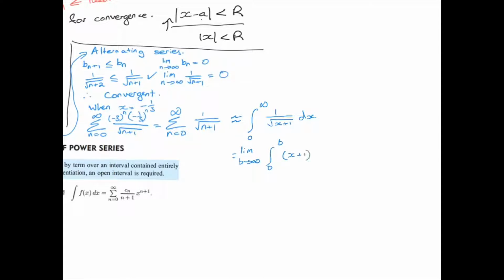That's x plus 1 to the negative half dx, which equals the limit as b approaches infinity of x plus 1 to the half divided by a half, which is like multiplying by 2. Which becomes, you could take 2 out if you wanted, the limit as b approaches infinity of, put b in there, I get root b plus 1, put 0 in there, I get root 1.